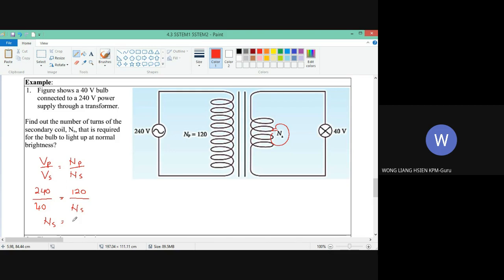Okay, so you get 20 turns in the secondary. They are very simple. Actually this calculation you also got learn during lower form science.